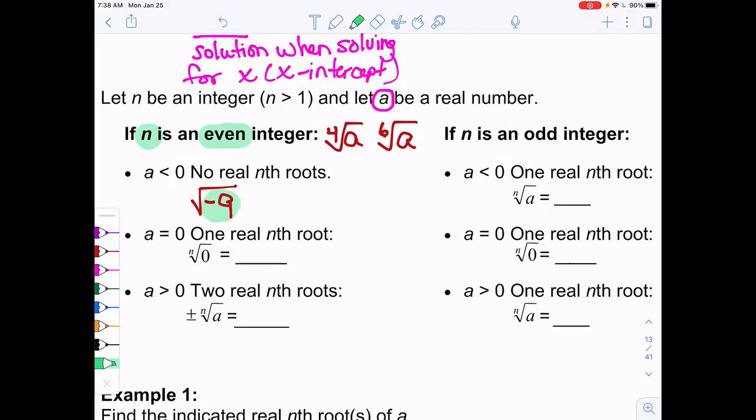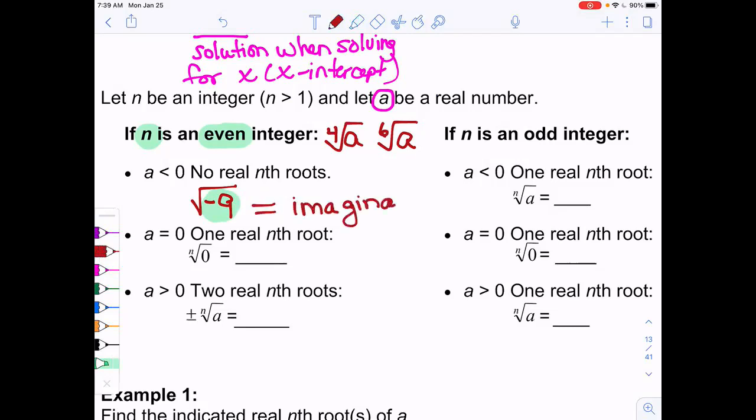Because when you're taking a square root, you're saying there are 2 exact numbers that multiply together to be the value underneath the square root. And -9 doesn't have 2 exact answers. We learned in chapter 4 that a negative number under a square root gives us an imaginary value. So that's why it says it has no real nth roots, because this is equal to an imaginary number.